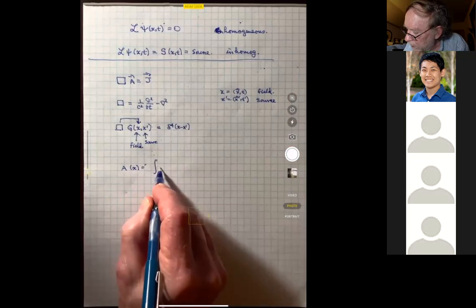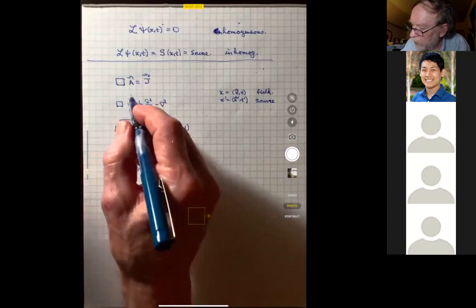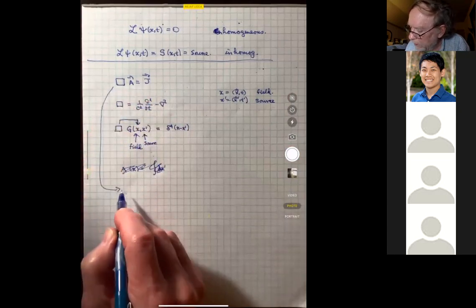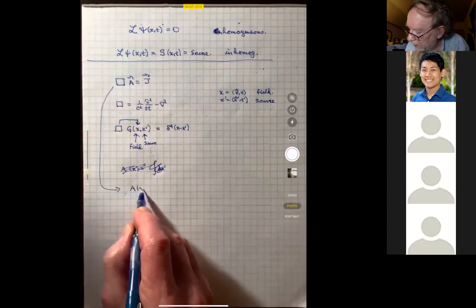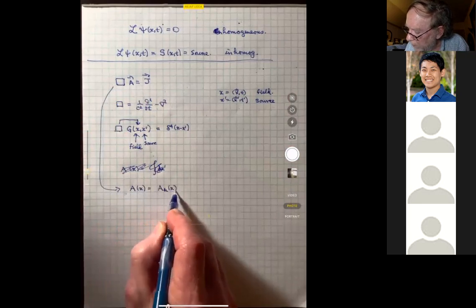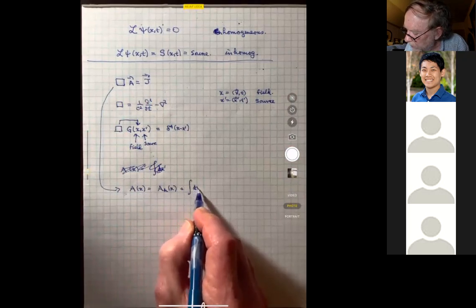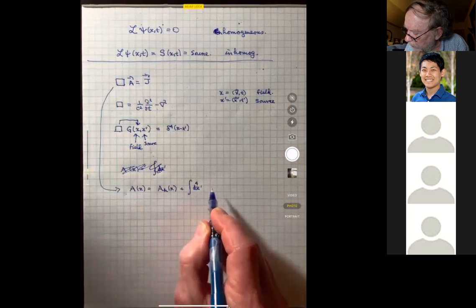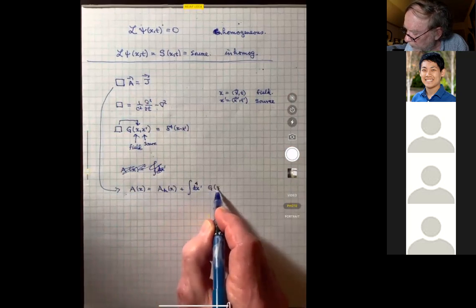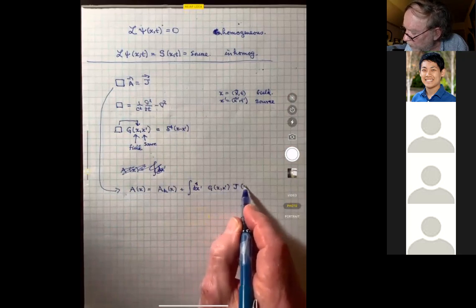an integral dx prime. Excuse me, let's do it right. The general solution of our equation here is that A of x is equal to what I'll call A sub h of x, which I'll explain in a moment, plus the integral over the source d4x prime, really a four-dimensional integral, of G of x, x prime times J, the current evaluated at x prime.